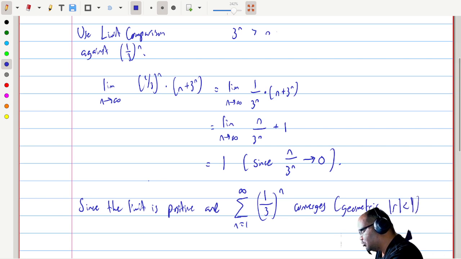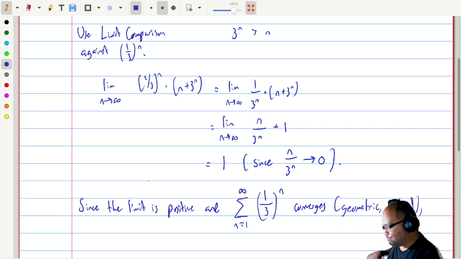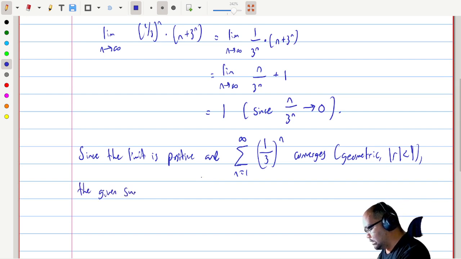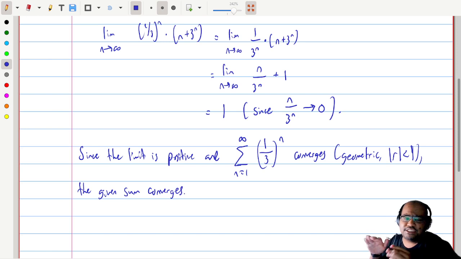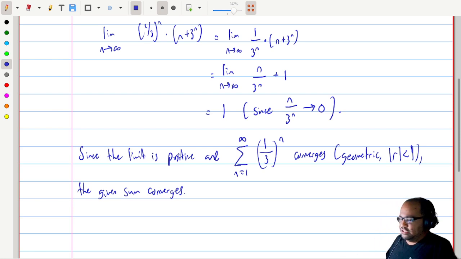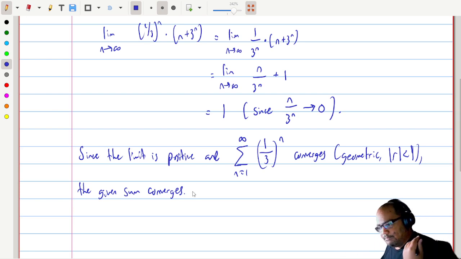Common ratio less than 1 in absolute value. Given the sum converges as well. So limit comparison is just good if I look at the highest order terms, really the most dominant terms. Okay, so that's just an example of how to use the limit comparison test there.